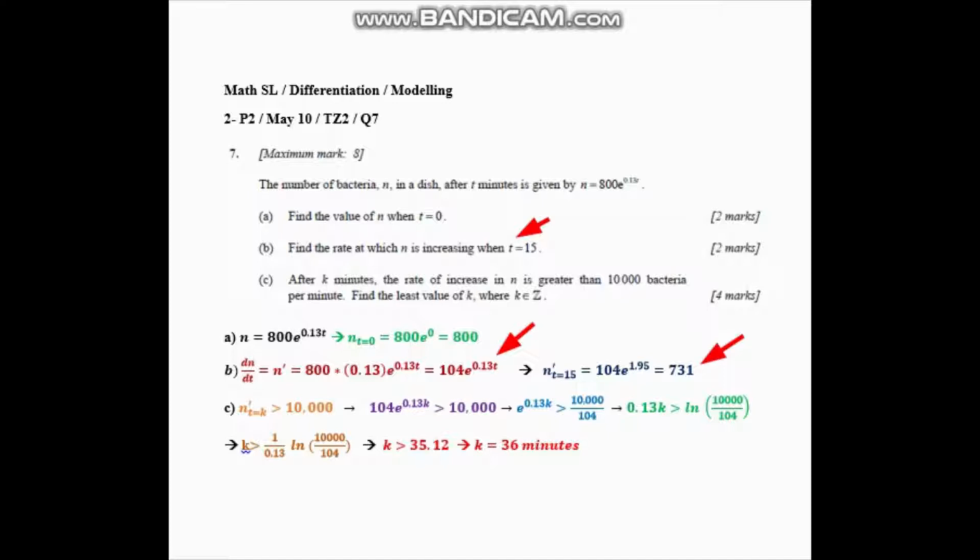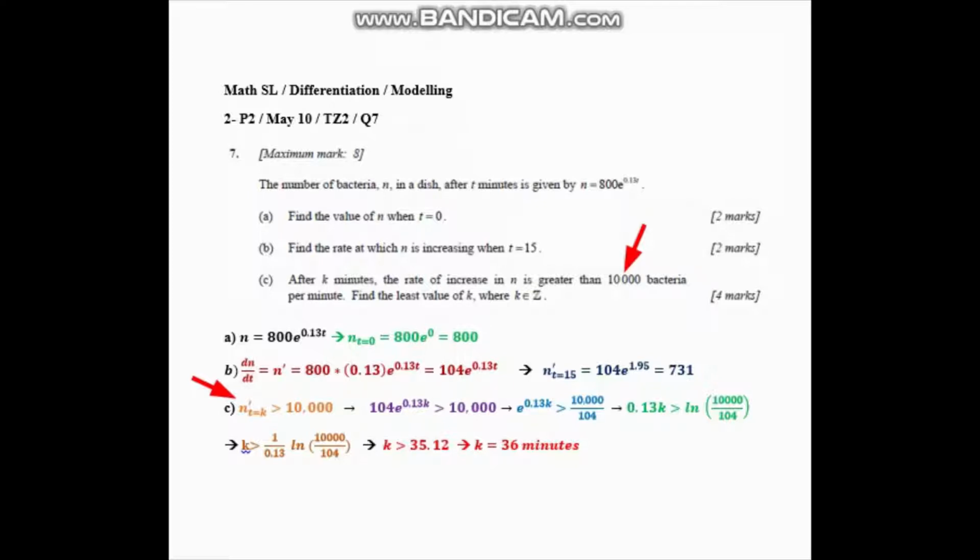Now in question C, you are given that after k minutes, the rate of increase in N is greater than 10,000 bacteria per minute. And you are asked to find the value of k where this happens. So the rate of increase being greater than 10,000 is given by N dash greater than 10,000.